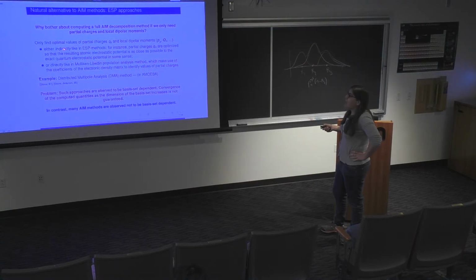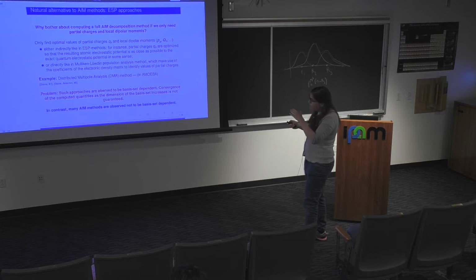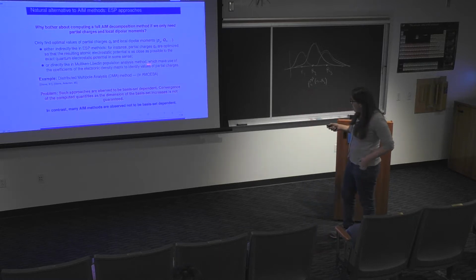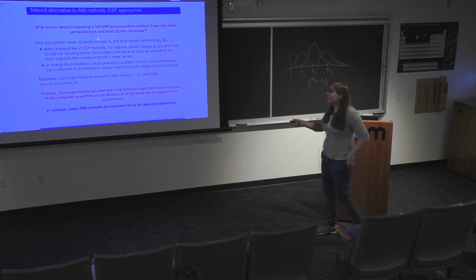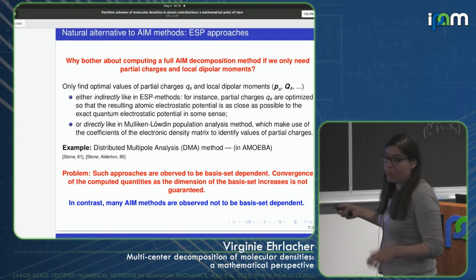For instance, they can be determined indirectly in so-called electrostatic potential methods. The simplest versions of these methods work in the following way. You optimize the value of just the partial charges of each atom within the molecule so that the resulting atomic electrostatic potential, computed just by assuming point charges located at each of the nuclei, is as close as possible to the exact quantum electrostatic potential.